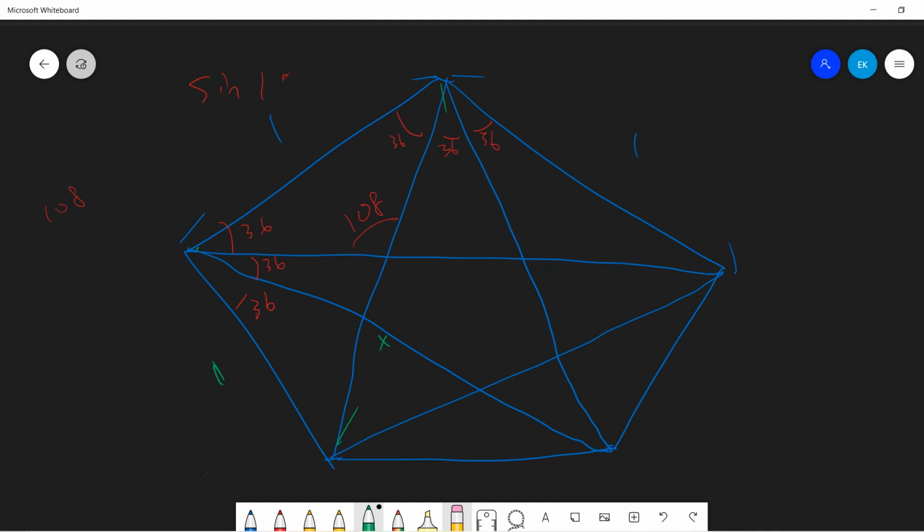So this is 1, x, right? You see, this triangle is 100, 0, and 8, 36, and 36. And this small triangle is still 100, 0, and 8, 1, and 1, 36, sorry. So that means, let's see, A, B, C, and D.